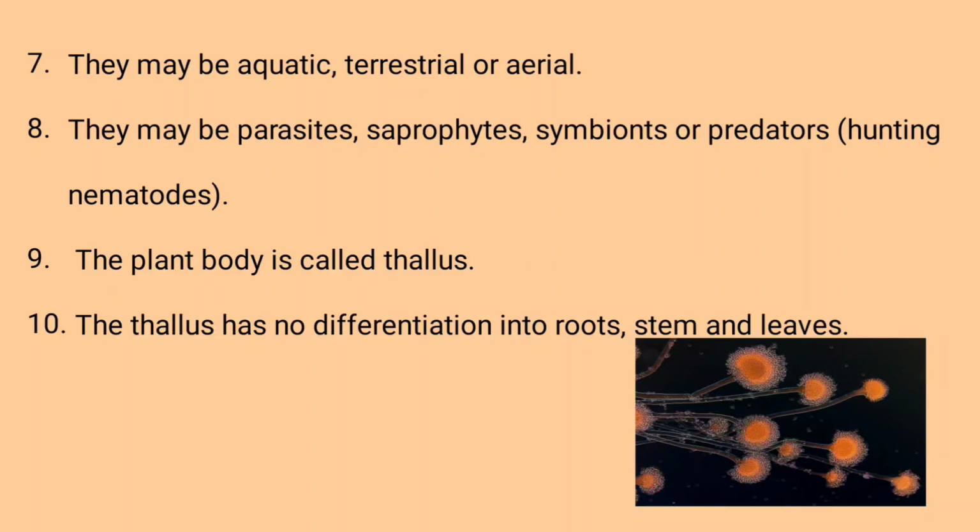Generally, their plant body is called the thallus, but the thallus is not differentiated into root, stem and leaves. You can see this: plants have all parts present. Under the soil they have a root, then the stem and leaves. But fungi are not differentiated into root, stem and leaves. So their general structure is known as the thallus structure.